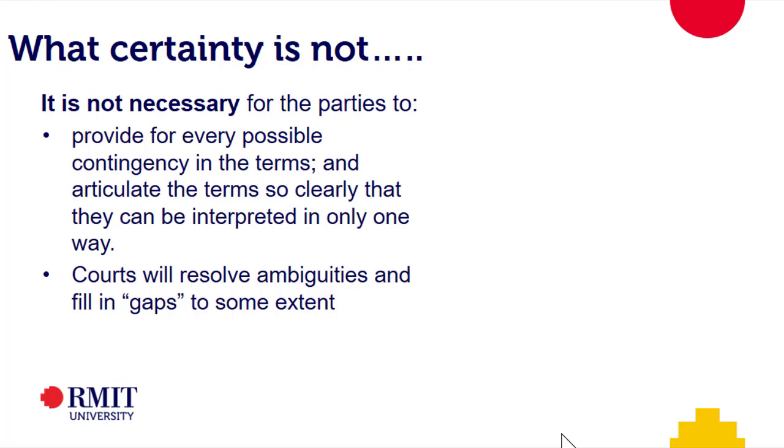Courts do resolve ambiguities and they fill gaps. When we deal with contract terms, topics 9, 10 and 11, I think, deal with express terms, implied terms and disclaimers or exclusion clauses, diminishing terms.